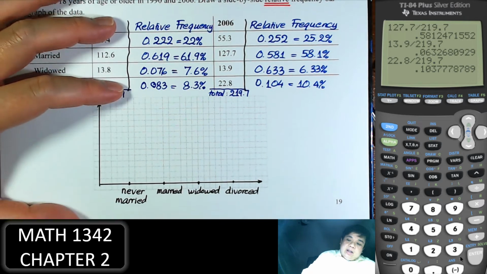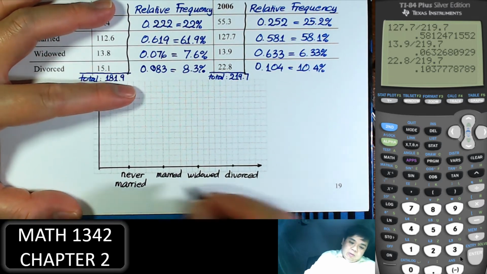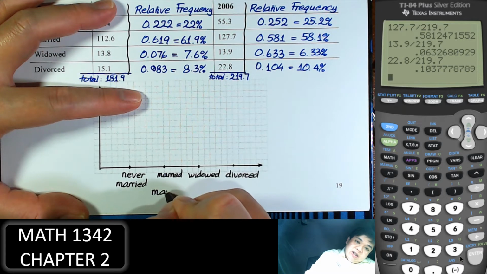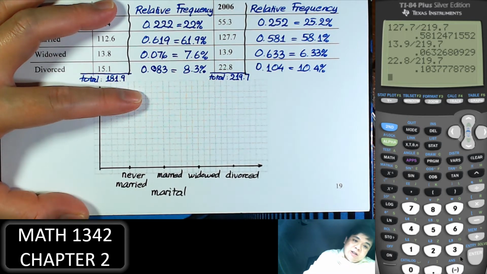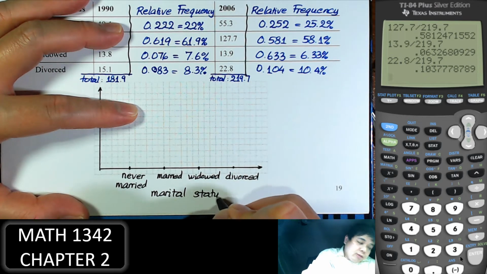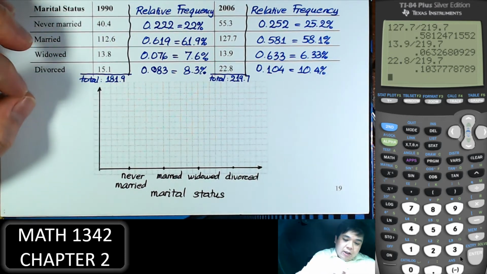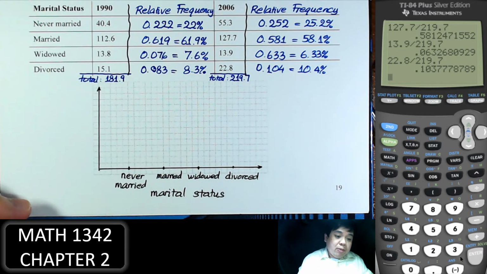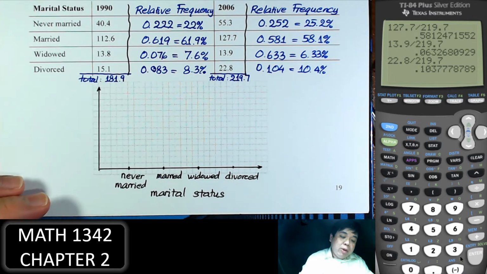Here we can write the title. The horizontal axis is marital status, and the vertical axis is percentage. The highest one is 60.1%, so we should make sure we have that.